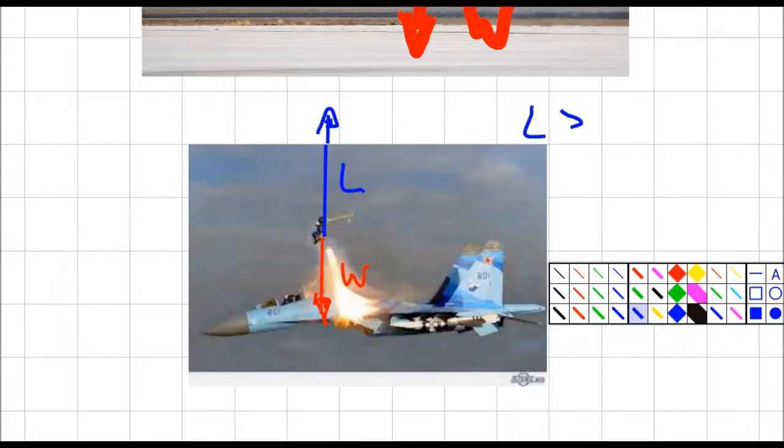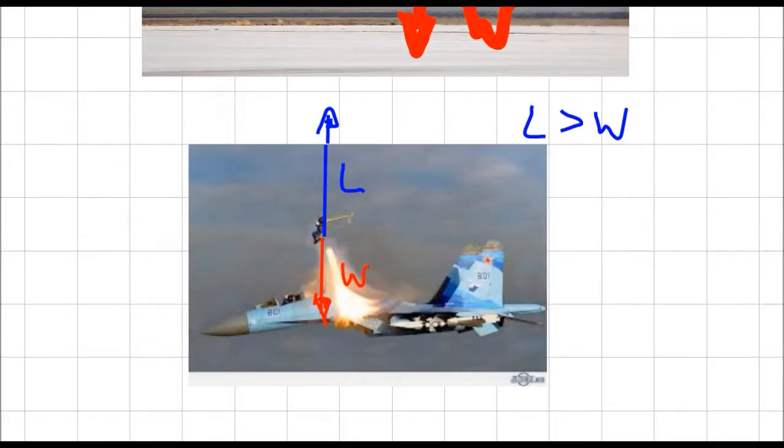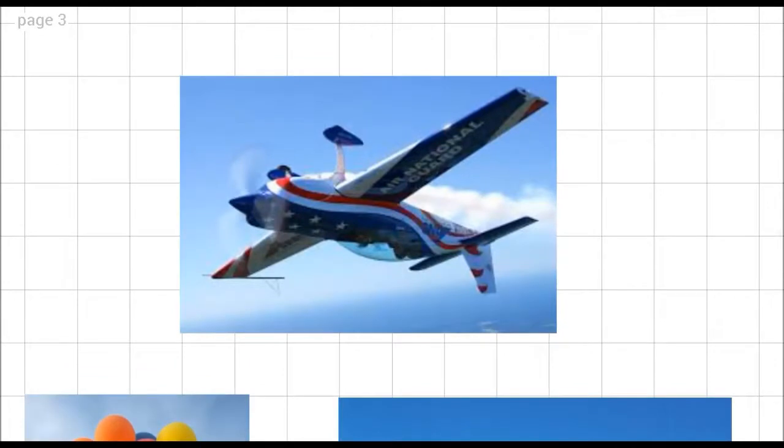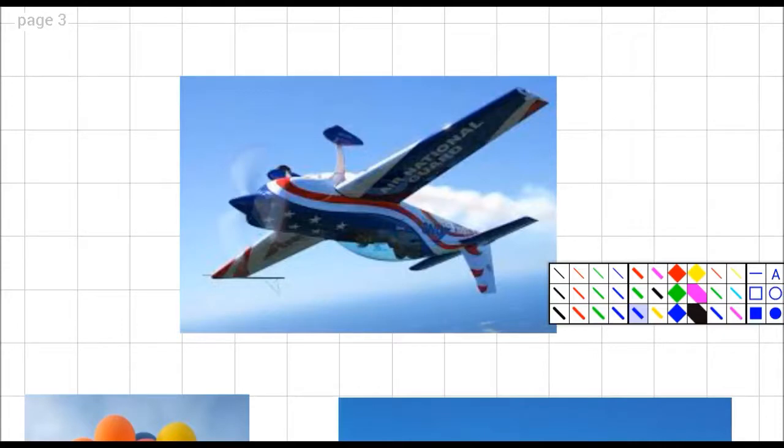So lift is larger than weight. This way the ejection seat with the pilot inside can accelerate away or climb away from that aircraft.